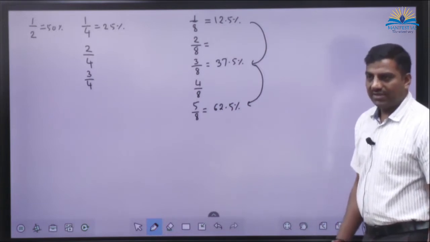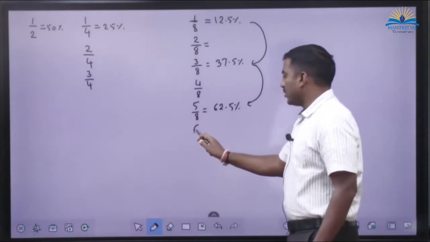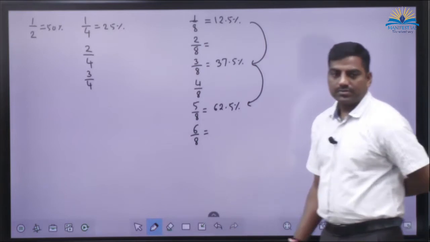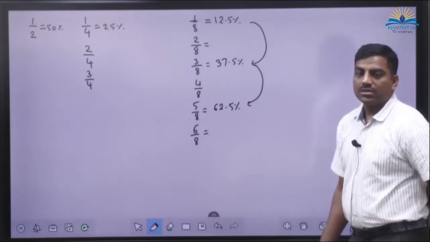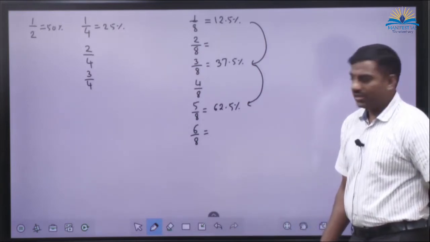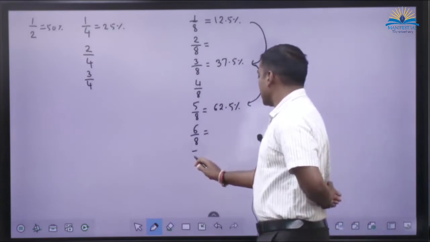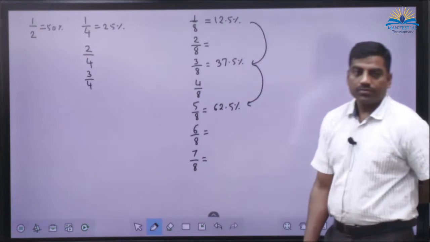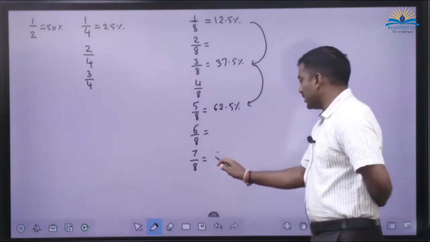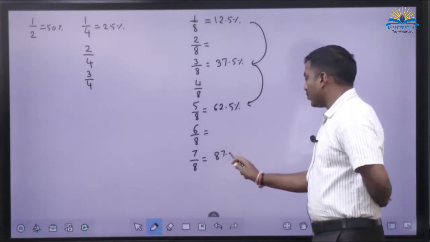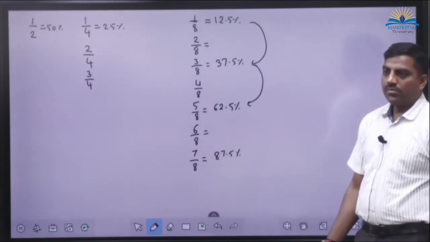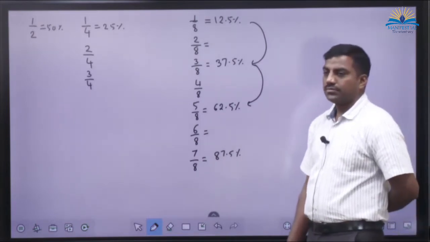Then 6 by 8, what is it? 3 by 4, 75%. Then 7 by 8. You have to remember this: 87.5%. Done?